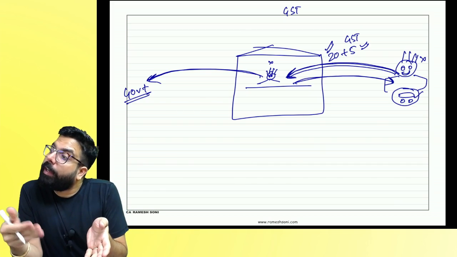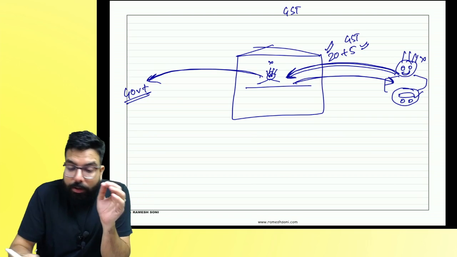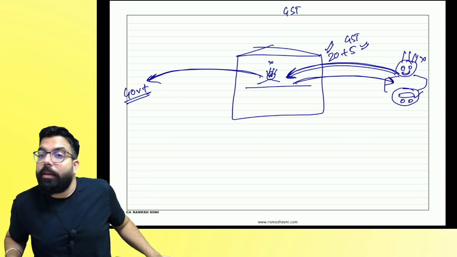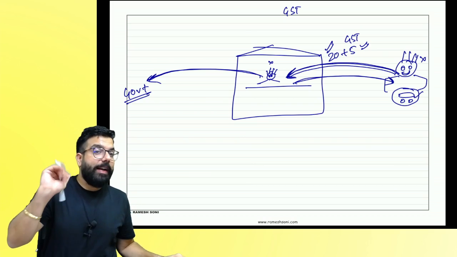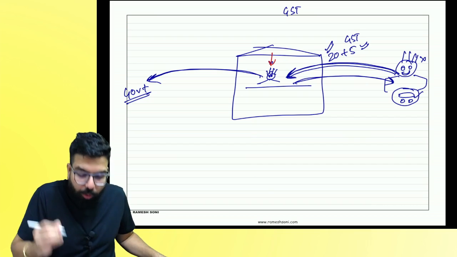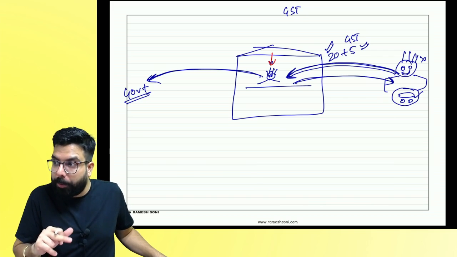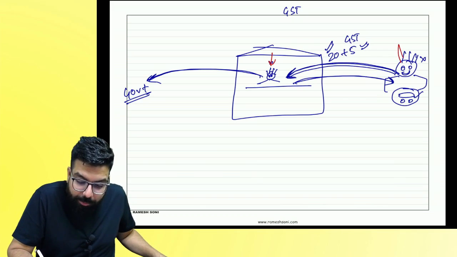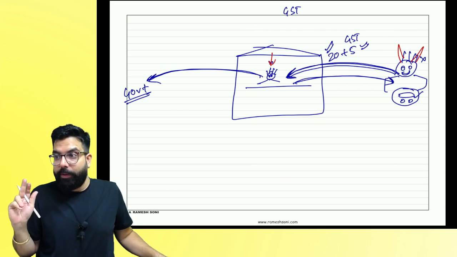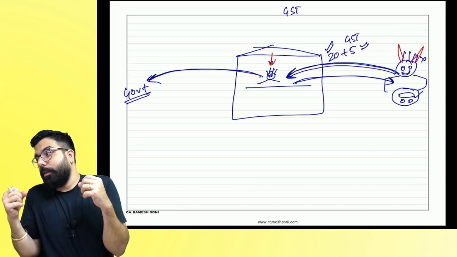Why is it called indirect tax? Because you are not paying directly to the government. Navneet, see over here, actually government told the shopkeeper to pay. But who paid? The ultimate bakra was Navneet. So basically, what happens in indirect tax?